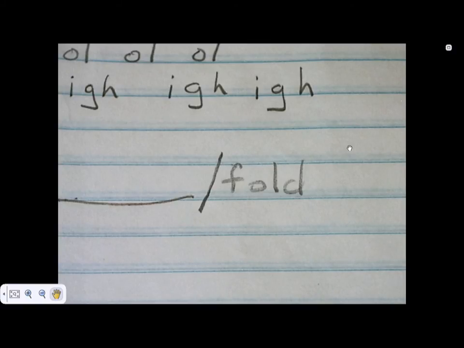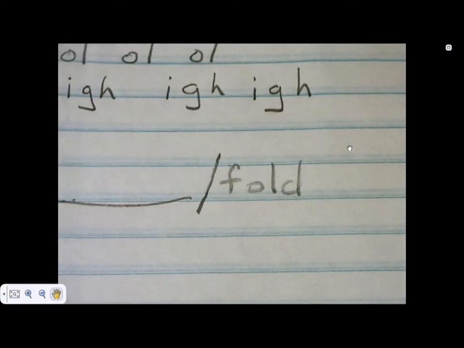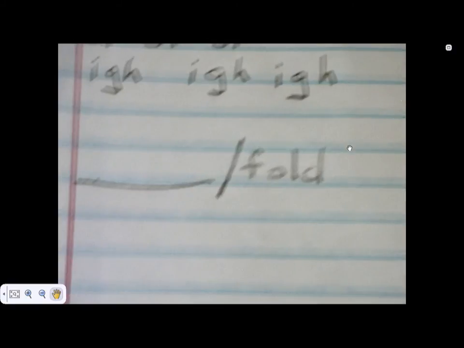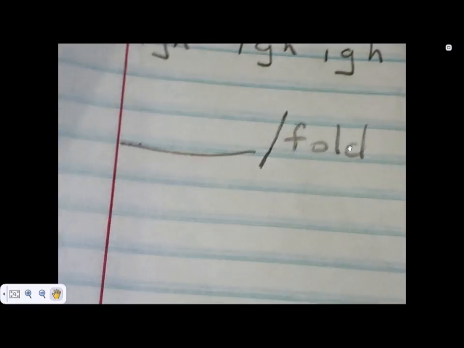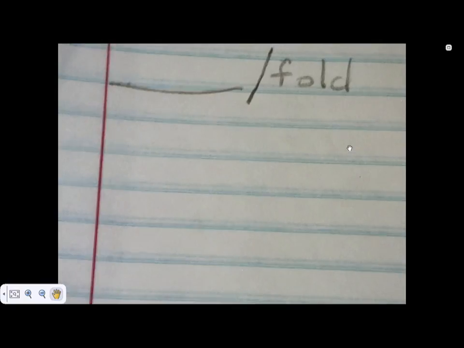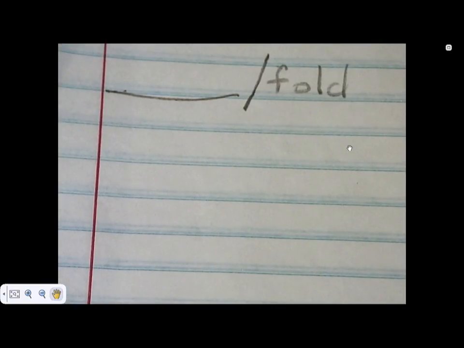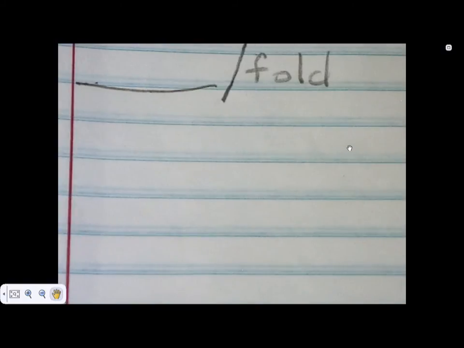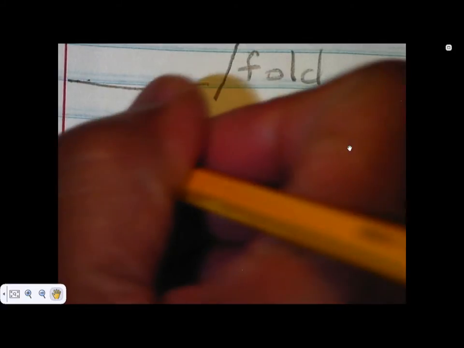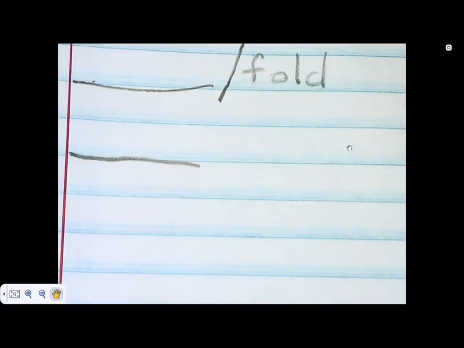Think about the letters and think about the sounds that you hear and the letters that spell those sounds. Holding. Okay. Now right here is where you should have attempted to spell holding, okay?